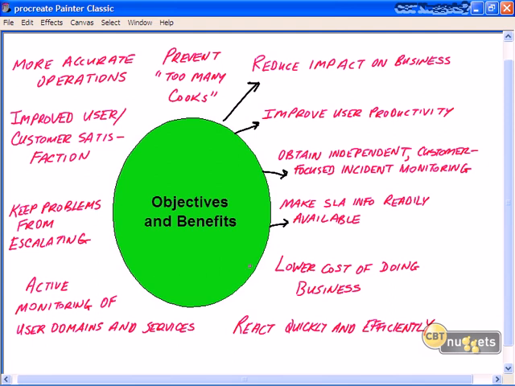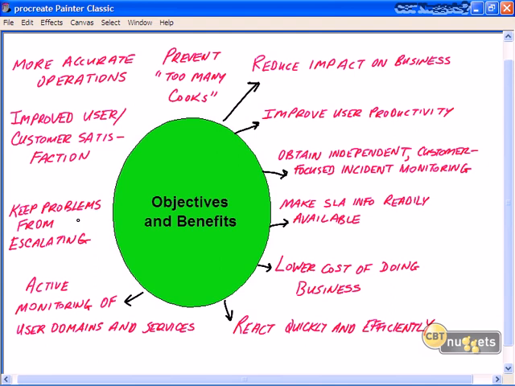We're going to lower the cost of doing business. Incidents piling up, and as we'll find out, an incident can be an indicator of an underlying problem. These can quickly add costs to doing business. One objective is to react quickly and efficiently to all incidences. We want to have active monitoring of user domains and the services that those users and customers are using.